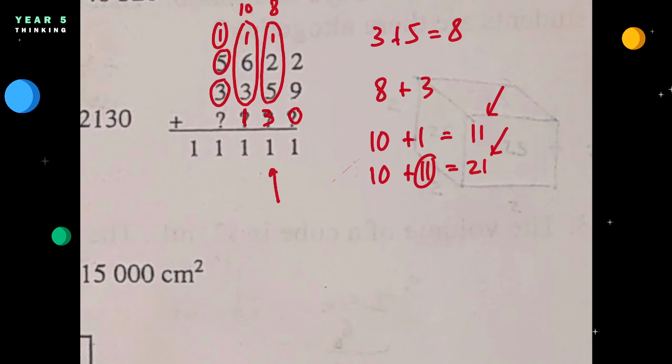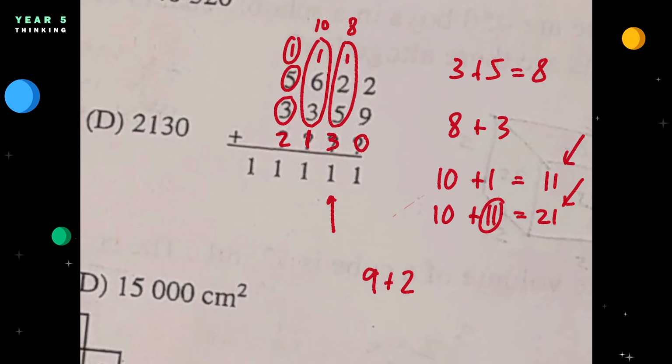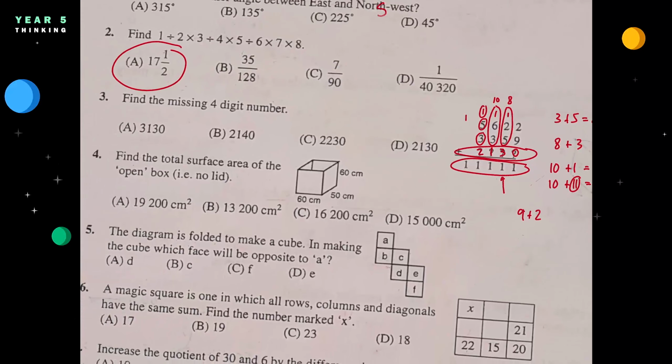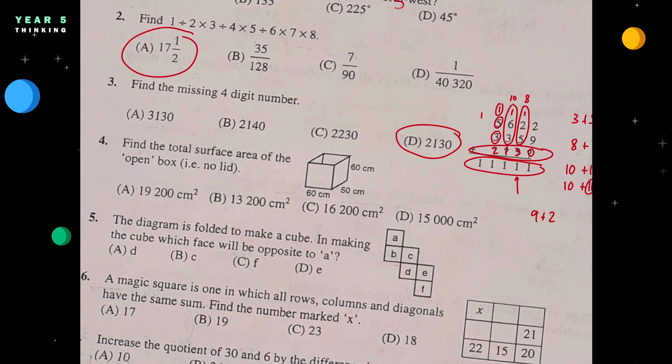So we have 9 plus 2. So this number must be a 2. 9 plus 2 will give me 11, which will carry the 1 over here, and you get exactly this number here. So the answer is 2,130, which is this one here.